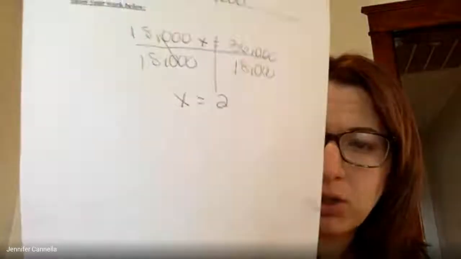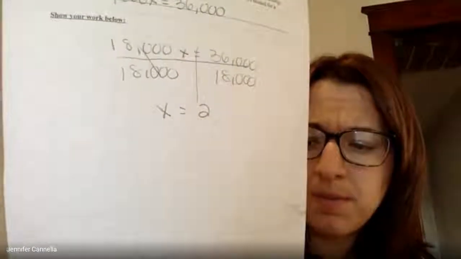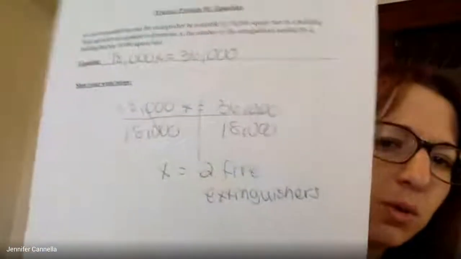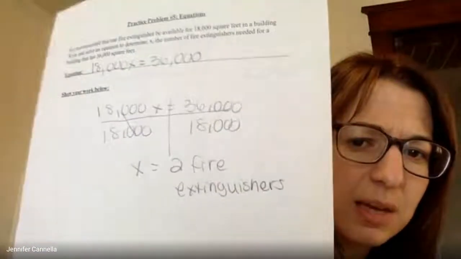Fire extinguishers. Good. I didn't write 2 on my paper, fire extinguishers. So you're going to write 2 like this. You use the wall method, right? And then you're going to write fire extinguishers. Okay, so it should look something like this, or the way Esther did it is the same exact concept.